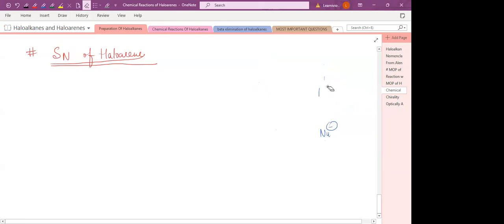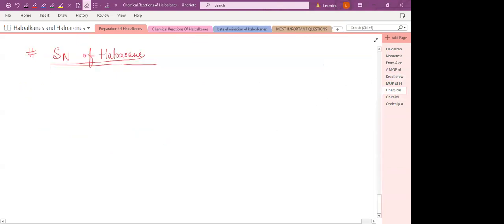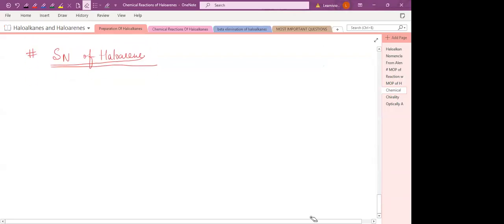I think we have discussed this in the chemical reaction of haloarenes. Check your notes after the class, and you will get to know. That is known as the Dow process.